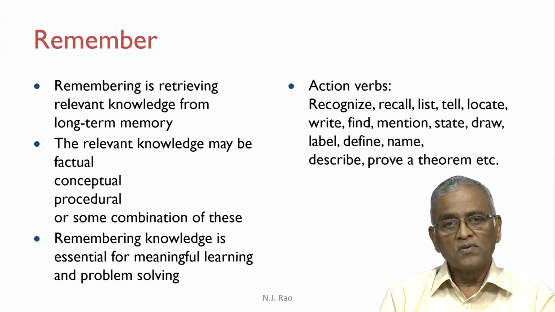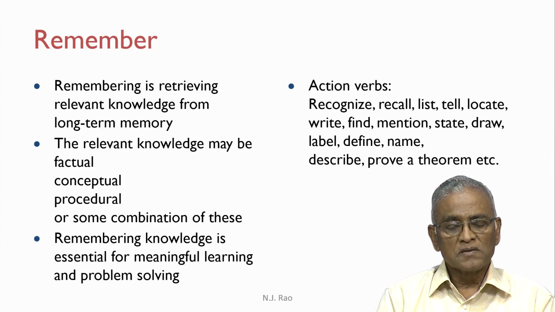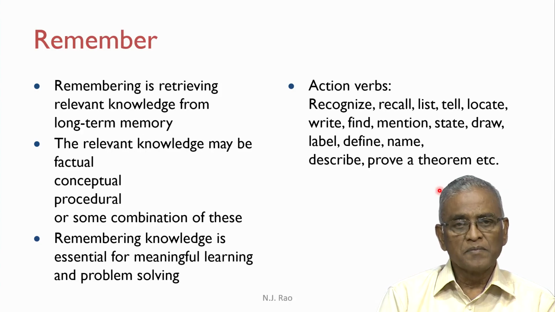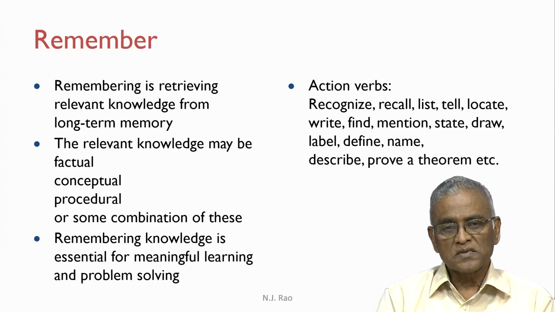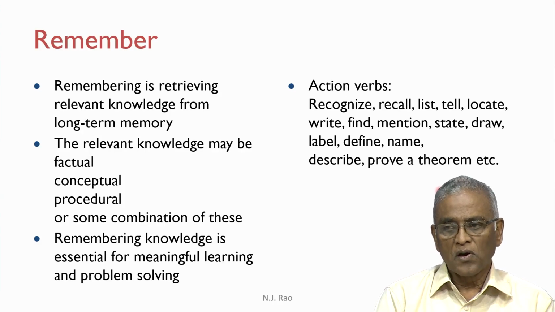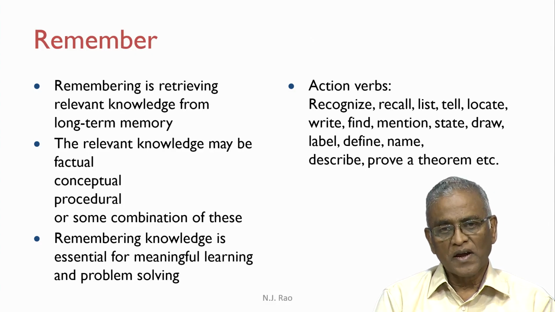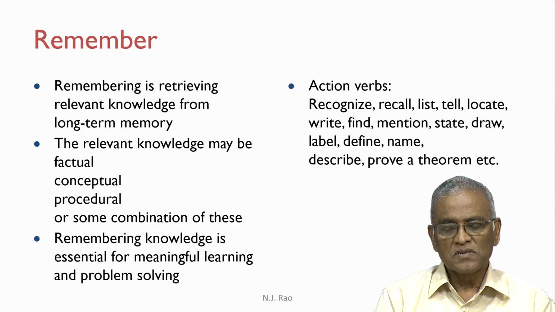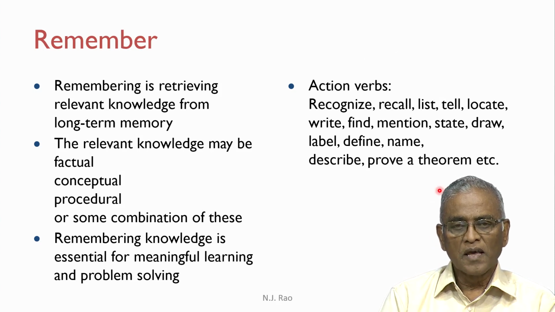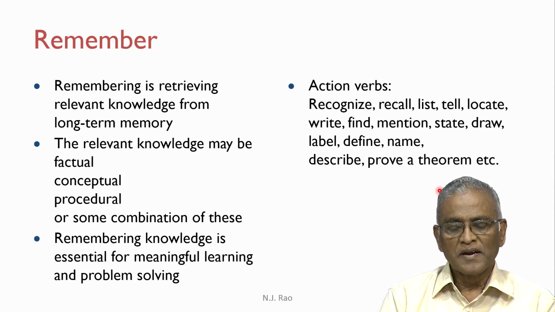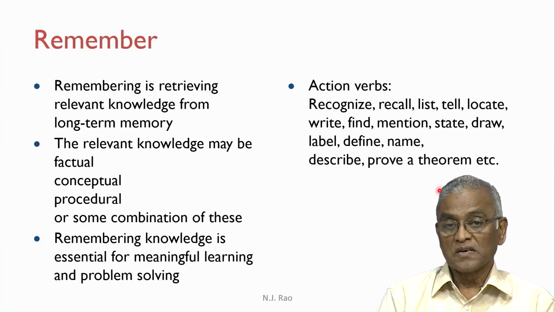Now, how do I associate a verb that signifies remembering? We use action verbs to indicate a remember type of activity: recognize, recall, list, tell, locate, write, find, mention, state, draw, label, define, name, describe, or even prove a theorem.